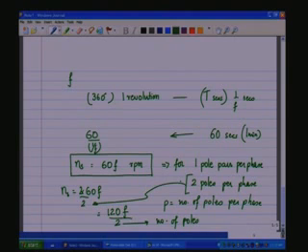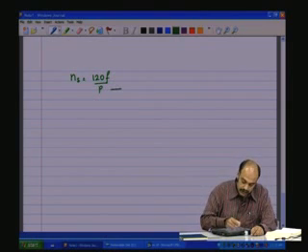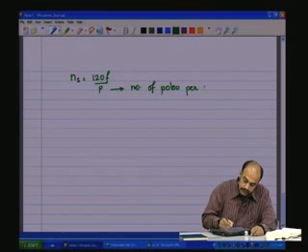And in general, if there are P number of poles, NS is equal to 120 F by P, where P is the number of poles per phase.